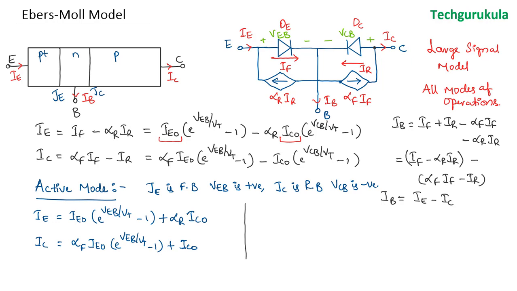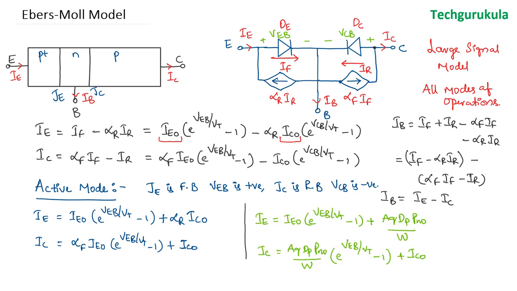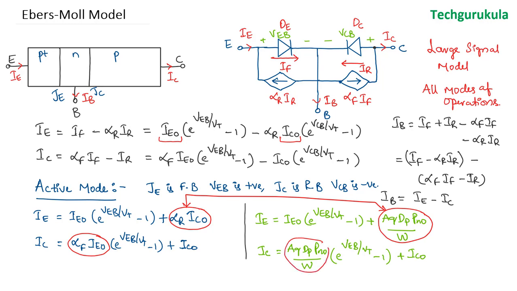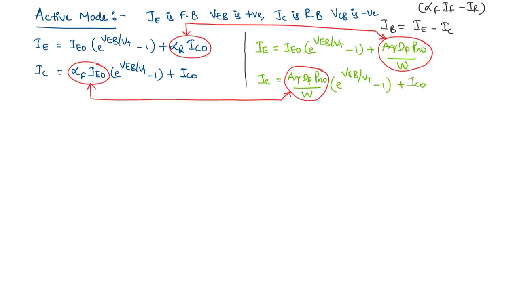Now let's get the similar equations from the previous video where we derived. The equations are, now looking at this, we can say that alpha R IC naught should be equal to AQ Dp pn naught over W. And the second thing is alpha F IE naught should be equal to AQ Dp pn naught over W. And of course, if we observe here, alpha R IC naught is equal to alpha F IE naught, because both are equal to the same quantity.